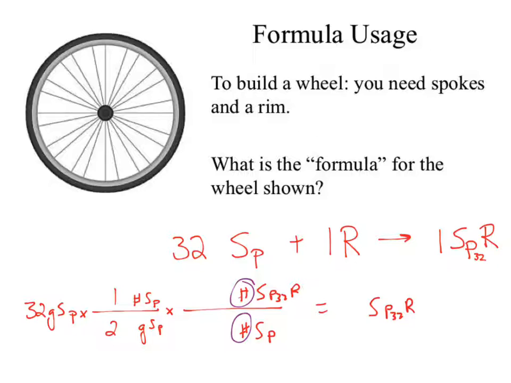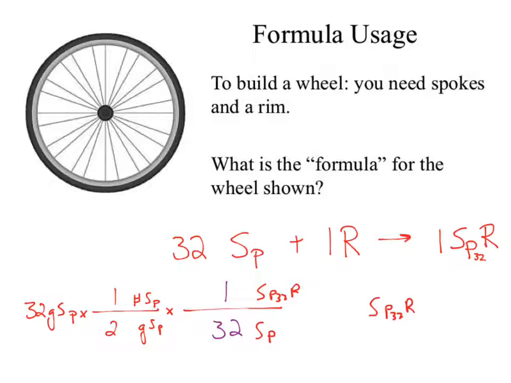Careful. What are we relating? We're relating spokes to wheels, which comes from the equation. And in the equation, what's in front of spokes? 32. Now we're going back. What's in front of wheels? 1. I now have a way to convert my spokes into wheels.